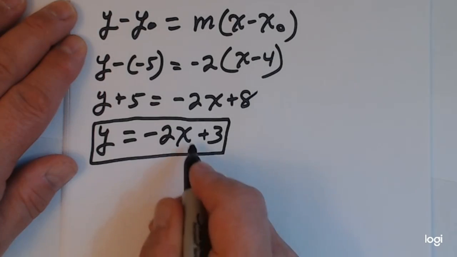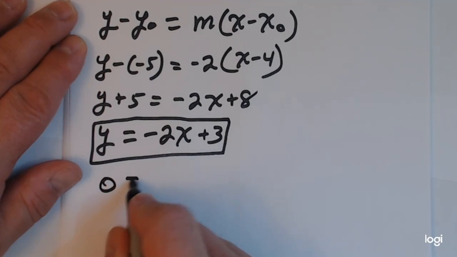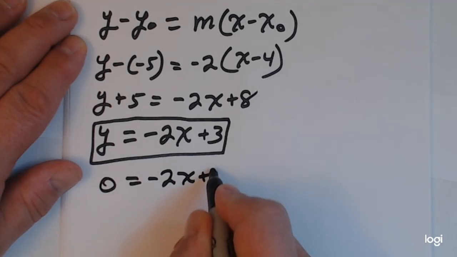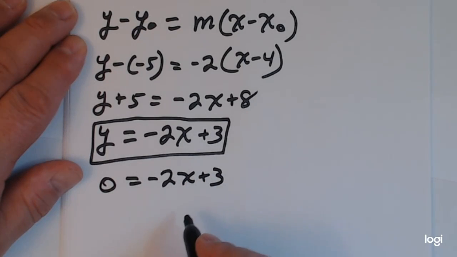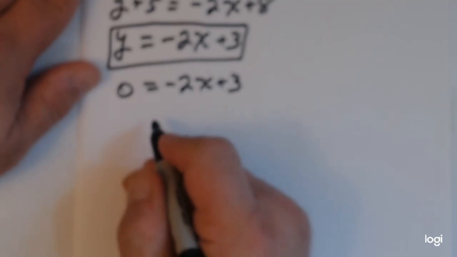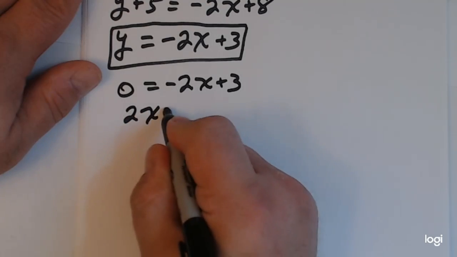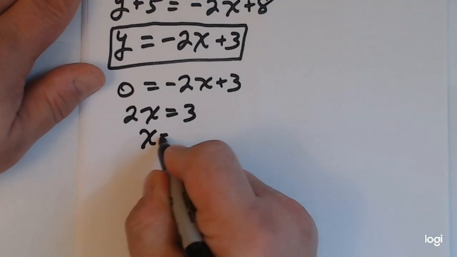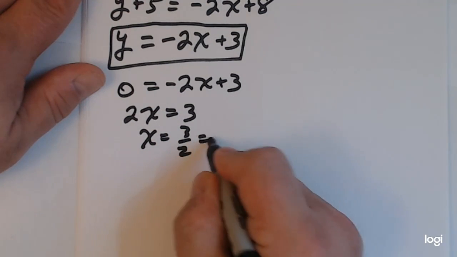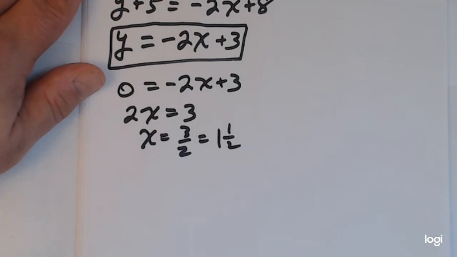So we're going to set this equation equal to 0, negative 2x plus 3. We'll add 2x to each side, and we get 2x is equal to 3, so x is equal to 3 halves, which is 1.5.